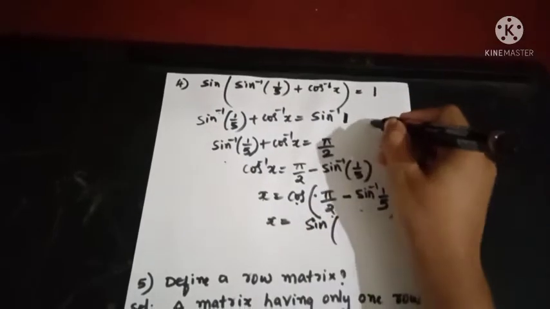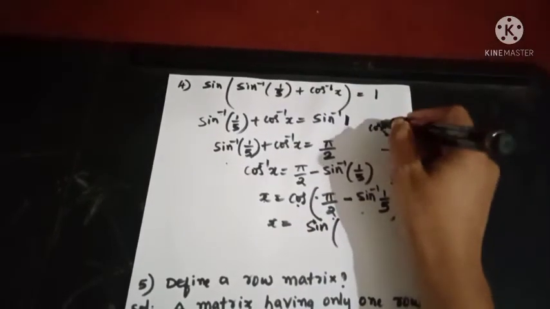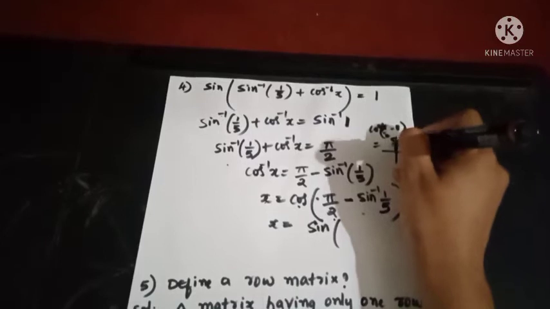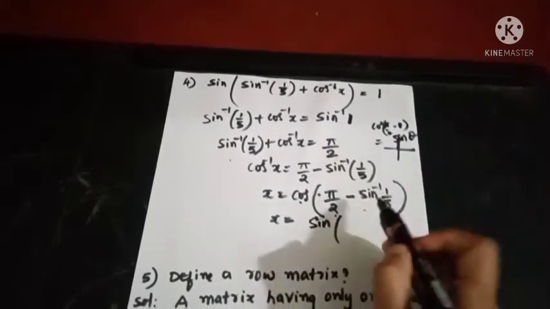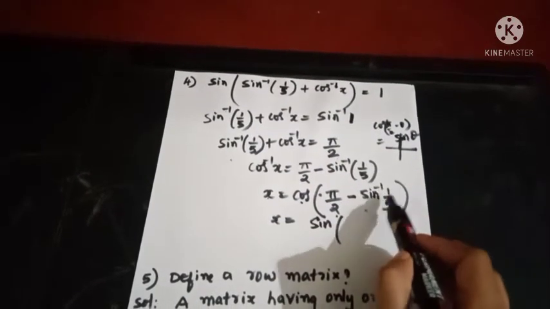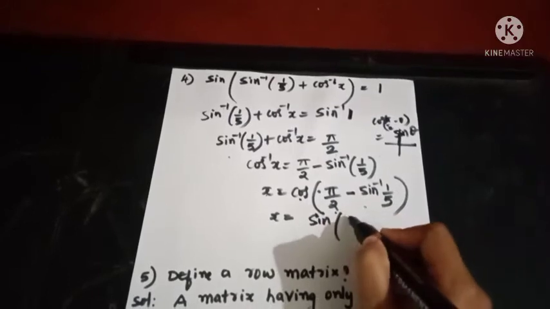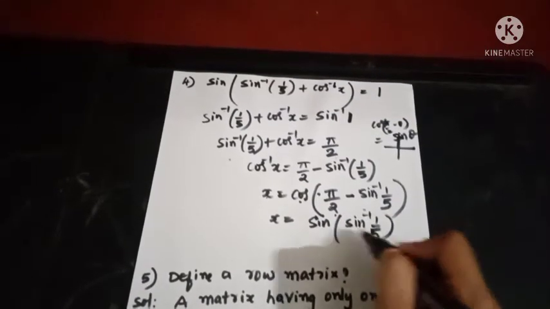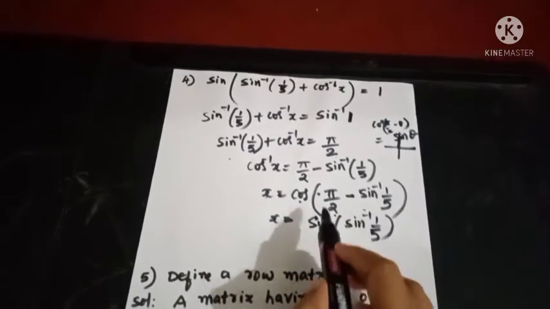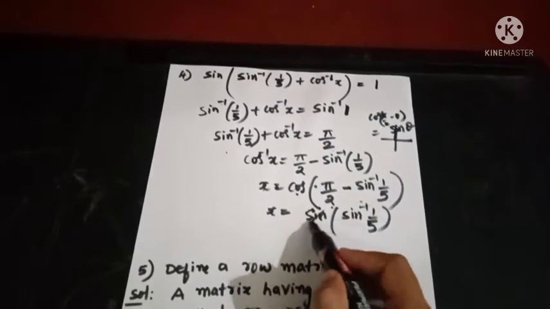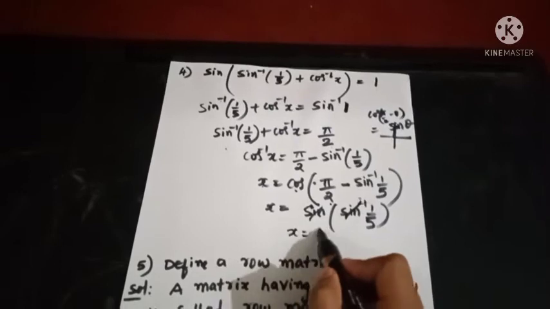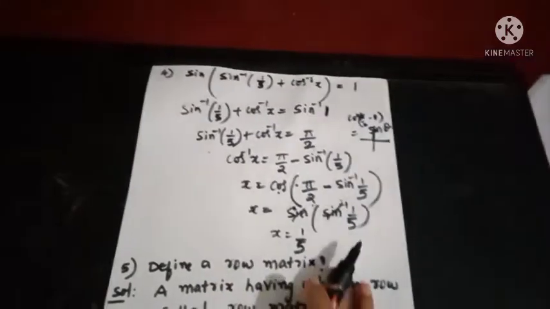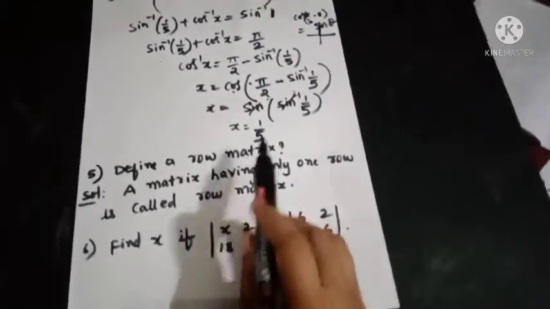Here theta is sine inverse of 1 by 5, so cos becomes sin and the value of x is 1 by 5.